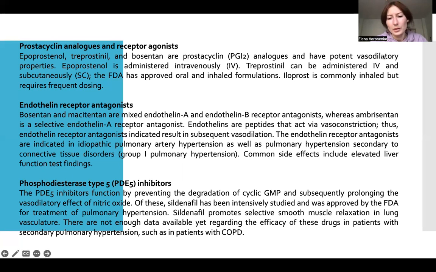Sildenafil promotes selective smooth muscle relaxation in lung vasculature. There are not enough data available yet regarding the efficacy of these drugs in patients with secondary pulmonary hypertension, such as in patients with COPD.